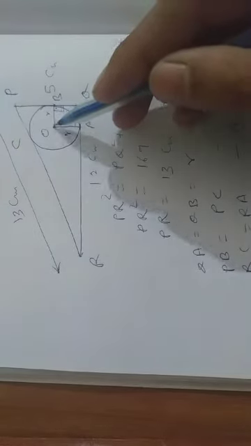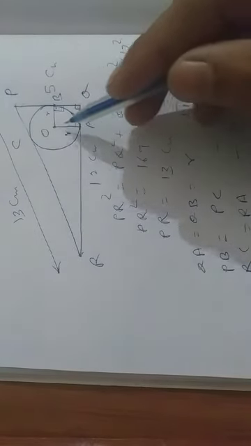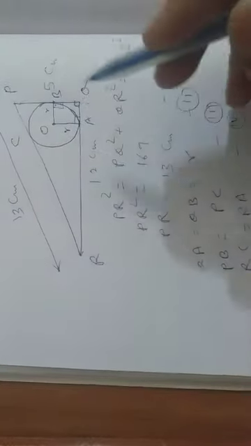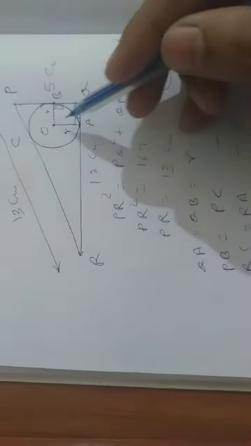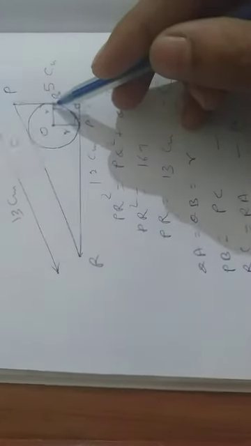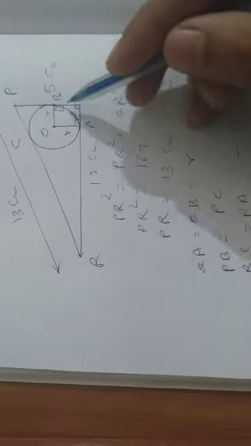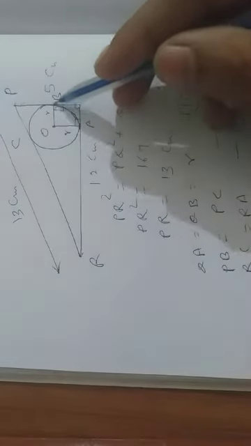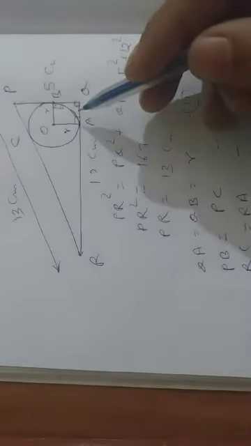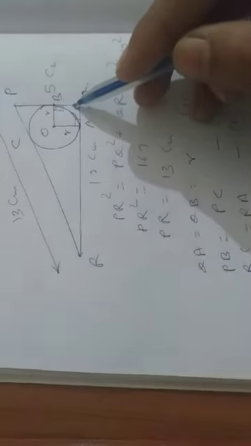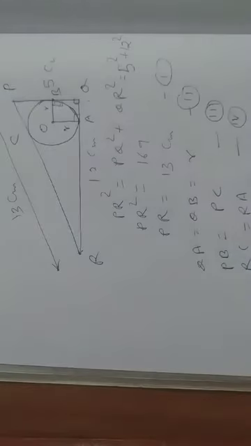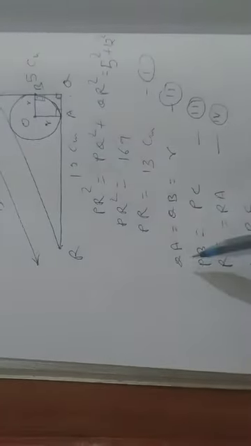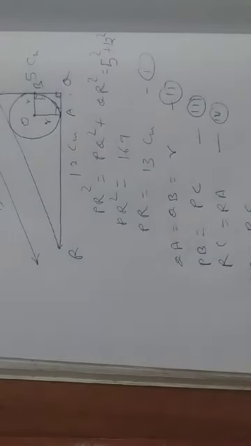So this quadrilateral OBQA is a rectangle, and since OA and OB are radii of the circle, OBQA is actually a square. So QA is equal to QB is equal to the radius of the circle. By the same logic we have written QA is equal to QB equal to R.